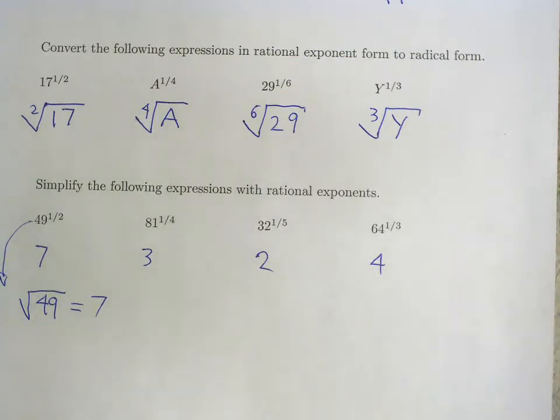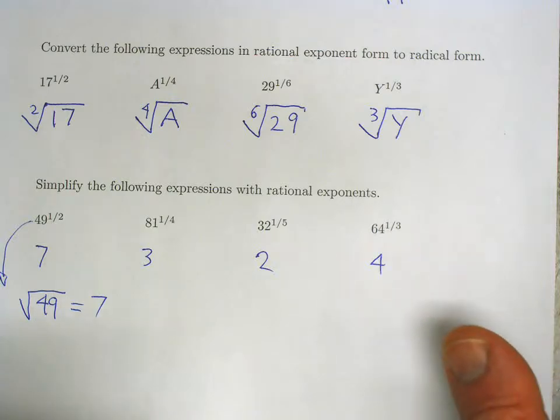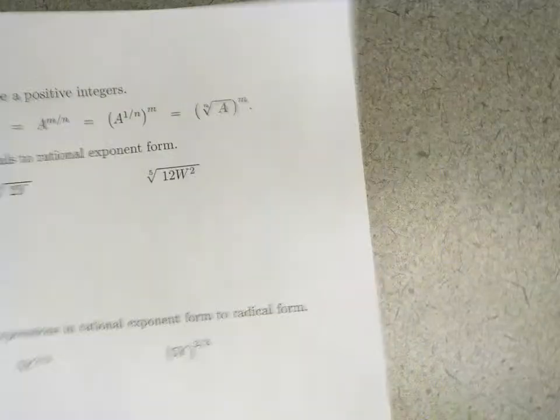So just being aware of those little details can be helpful. Okay, we'll go ahead and start the next part. This next part we'll finish tomorrow, but I'll at least show you what's coming.